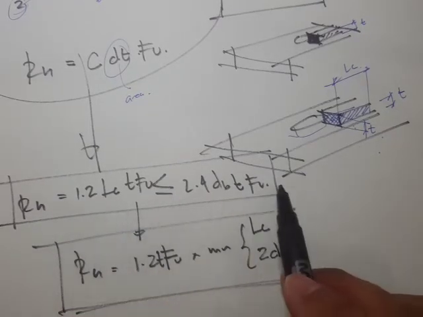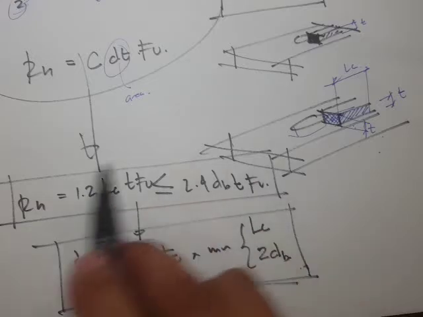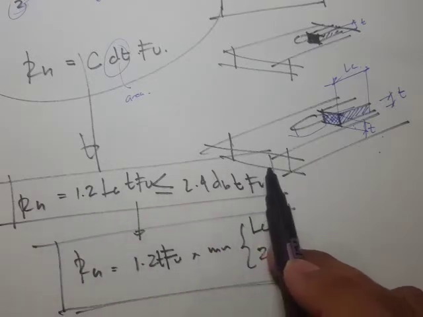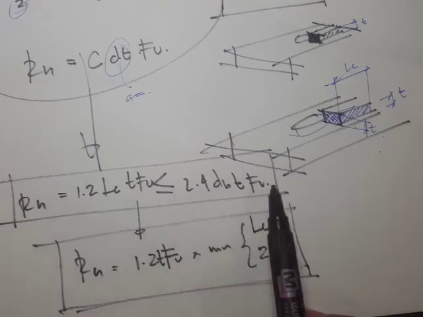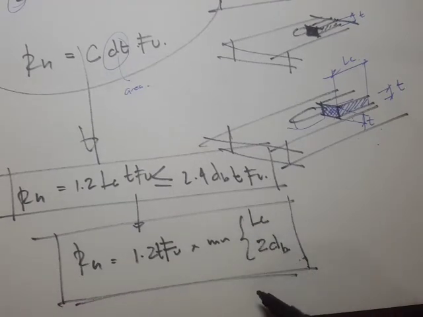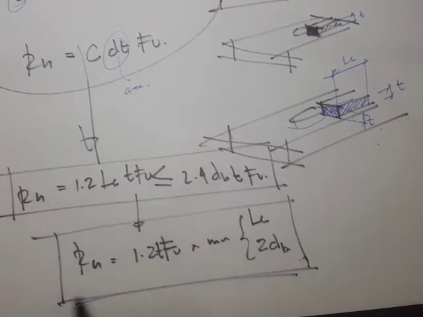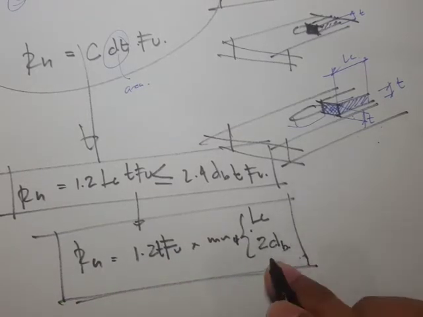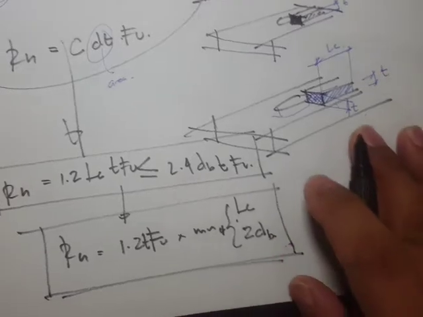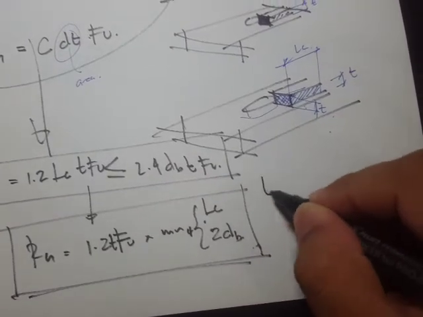This is just the same as the bolt shear equations that we have discussed in the previous topics, because the actual expression is given in this manner, that we just converted or transposed into two limiting conditions, something like this: minimum of LC or 2 dB. Okay, so now let's write the notations.